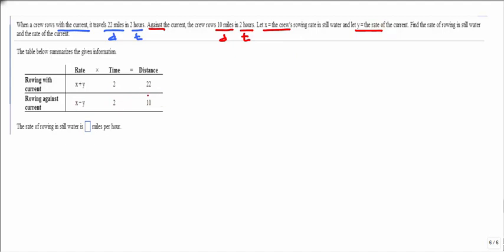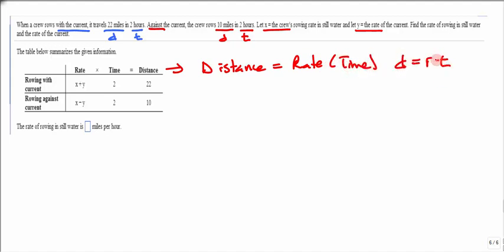So to get started, it says find the rate of rowing in still water. Okay, so we have a formula that's noted at the top here that you might not notice. It's distance equals rate times time. To abbreviate that, a lot of times we say D equals RT.